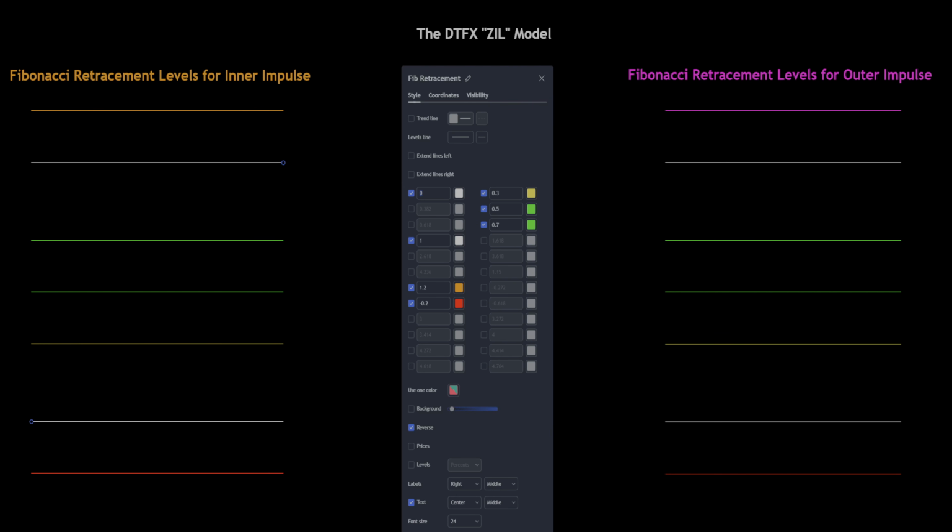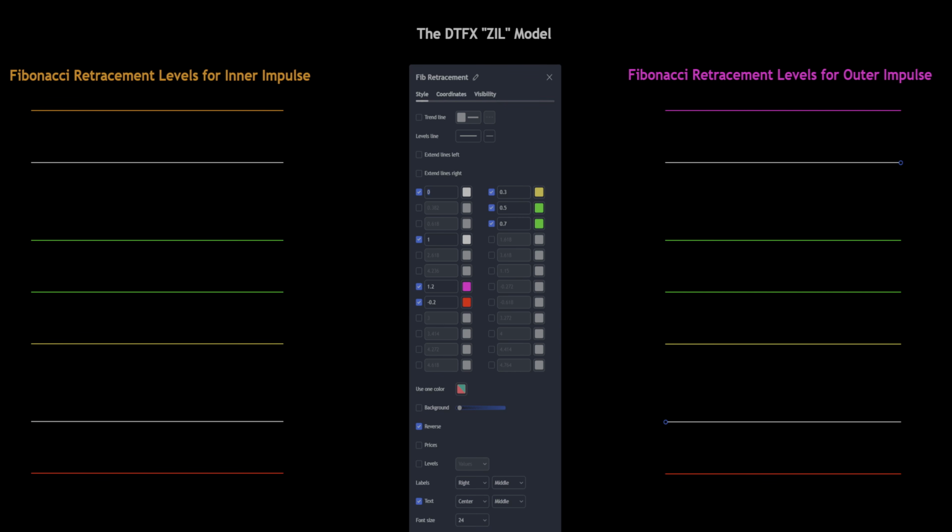So here's a look at our Fibonacci levels for our inner impulse and outer impulse. Here are my Fibonacci levels. They have always been the same: 0, 0.3, 0.5, 0.7, and 1. The only difference is that now we have 1.2 and negative 0.2.